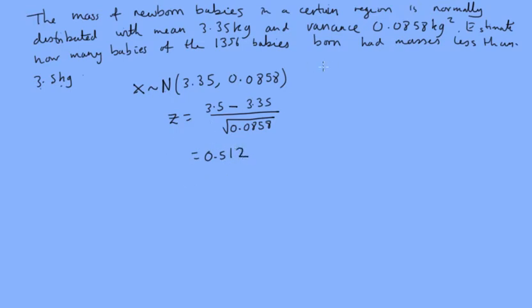So now we need to find the value for the phi function when z is equal to 0.512, which gives us 0.6957, just by reading off the table. So the probability that the mass is less than 3.5 kilograms, let's just draw this.